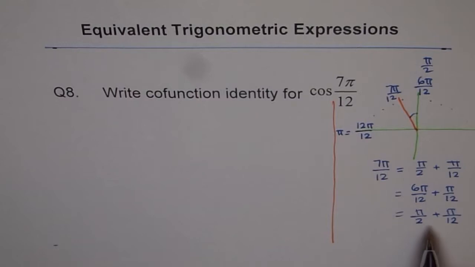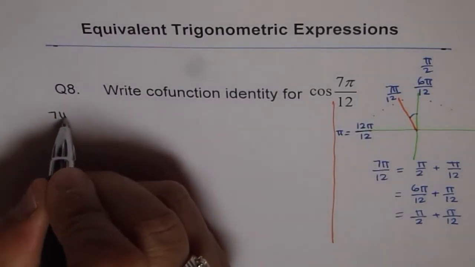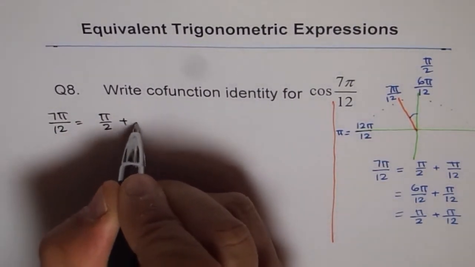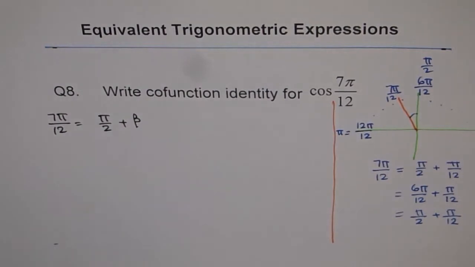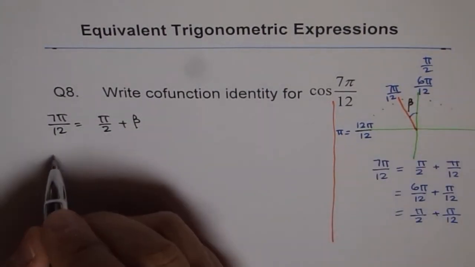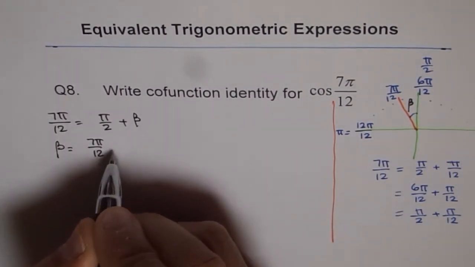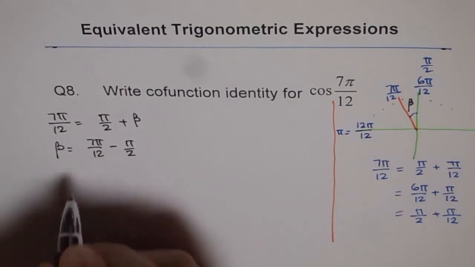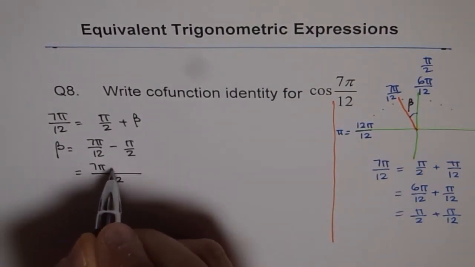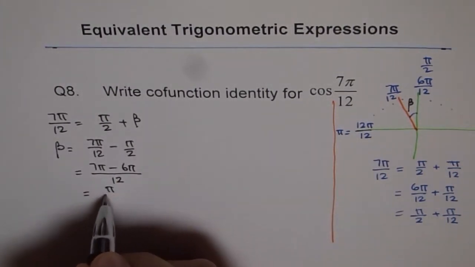Now the book's method is like this. We need to write 7 pi by 12 as pi by 2 plus some number, let's call it beta. So what is beta equal to? Beta is equal to 7 pi by 12 minus pi by 2. That gives us a common denominator of 12, and we get 7 pi minus 6 pi, which gives us pi by 12.